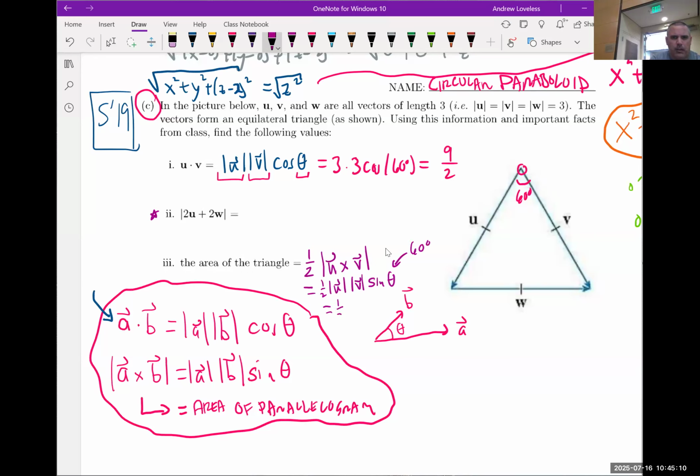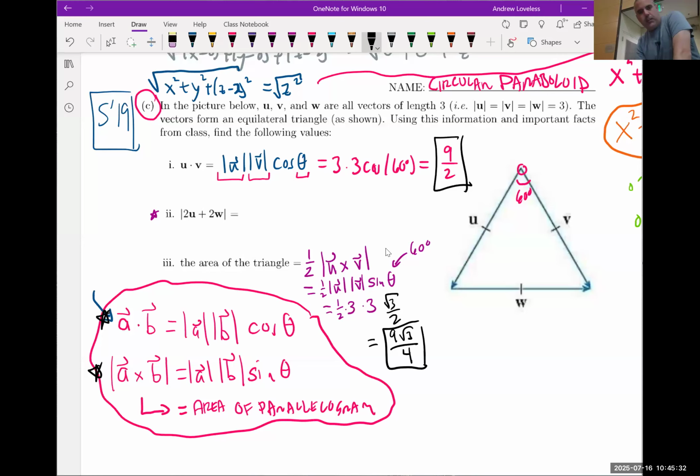So it's going to be 1/2 times 3 times 3 times whatever sine of 60 degrees is. So it's 9√3/4. That's kind of a specific question, but it was about using those couple facts.